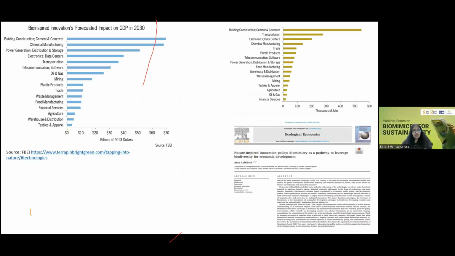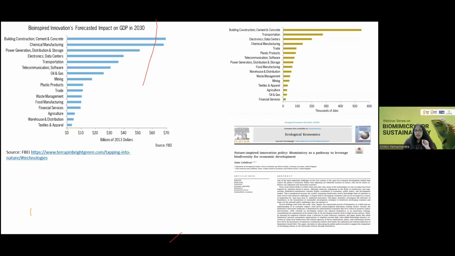This slide also captures some eye-catching information, because if you are thinking about doing trade, building construction, or chemical manufacturing, or maybe engaging with electronics, or maybe starting a transportation industry, you can see there are still vacancies for you to apply your biomimicry concept into these diverse types of industries across the world.